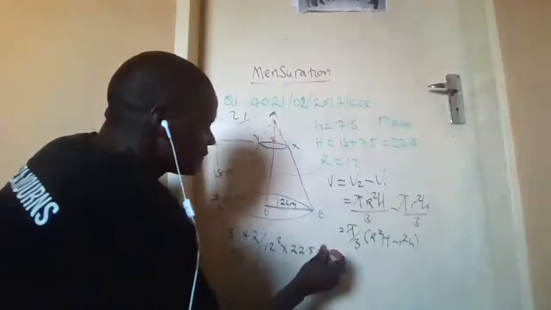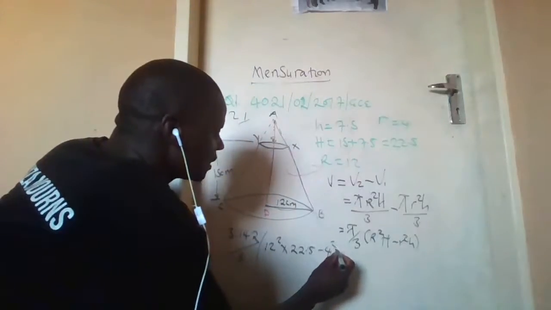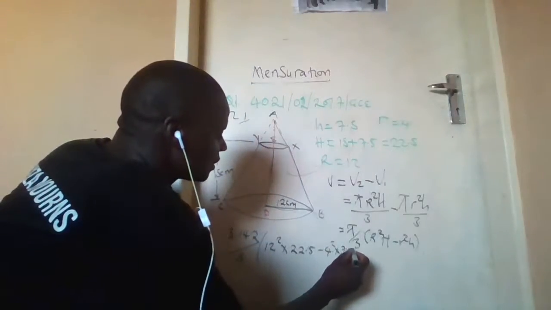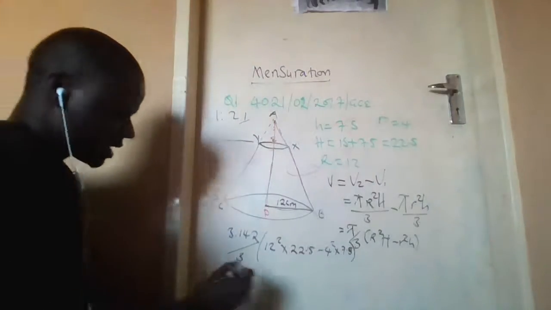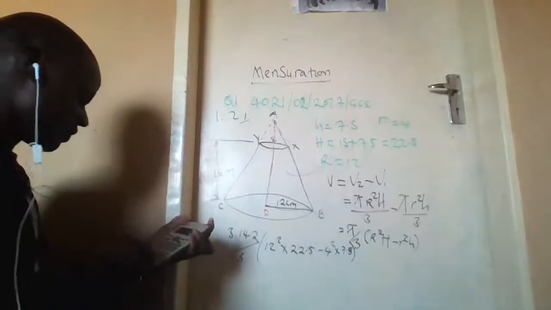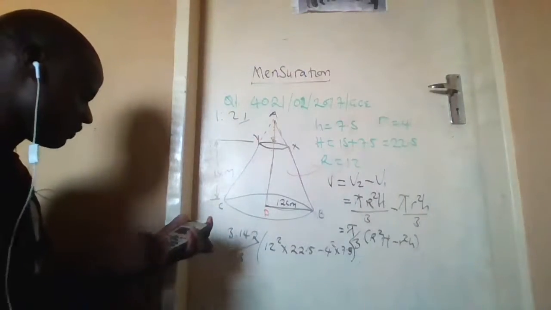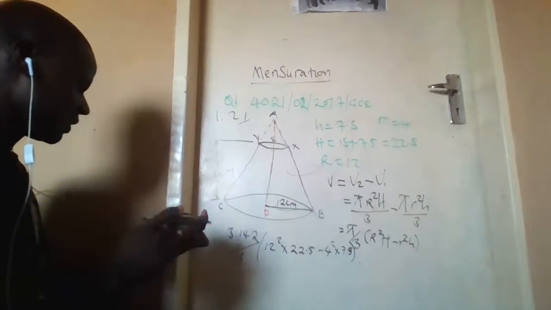So I'm going to say 4 squared times this 7.5, like that.